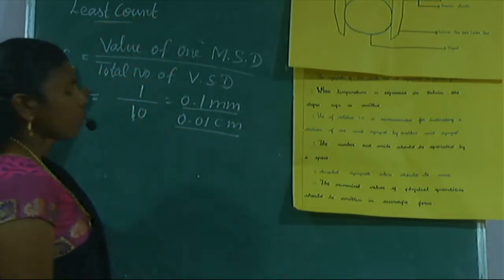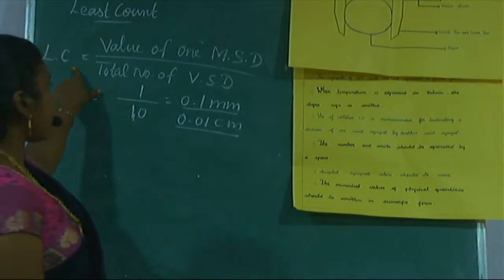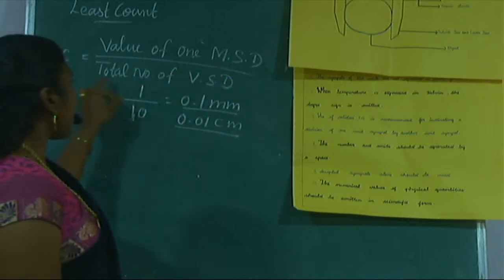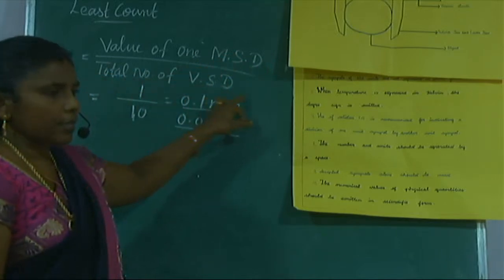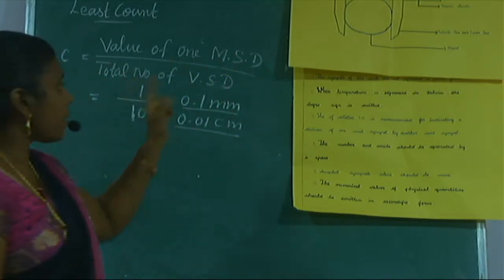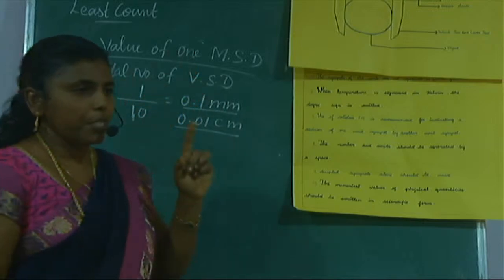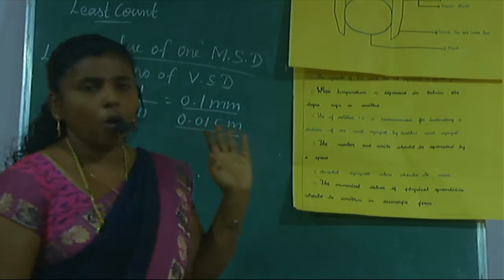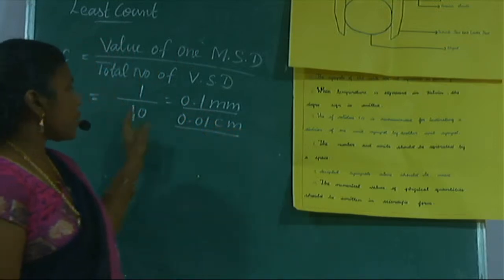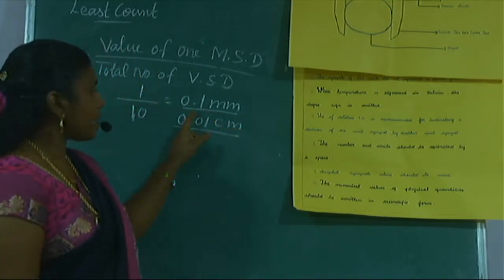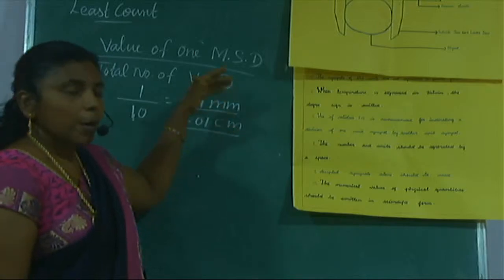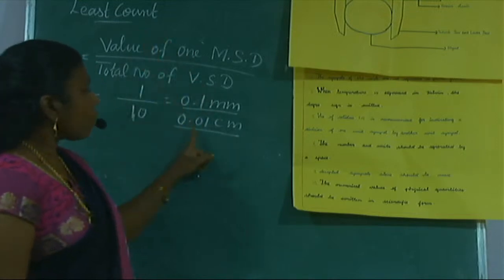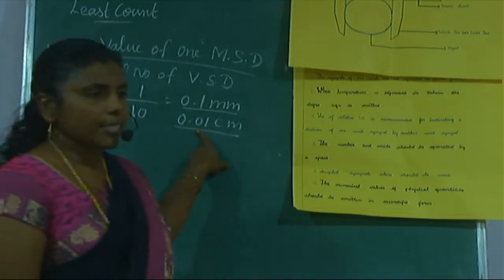So the formula to find the least count of a vernier caliper is the value of one smallest main scale division divided by the total number of vernier scale divisions. One smallest main scale division is 1 millimeter, divided by how many divisions are there in a vernier scale? 10 divisions. So 1 divided by 10, you will get 0.1 millimeter. Suppose it is given in centimeter, you have to use the least count 0.01 centimeter.